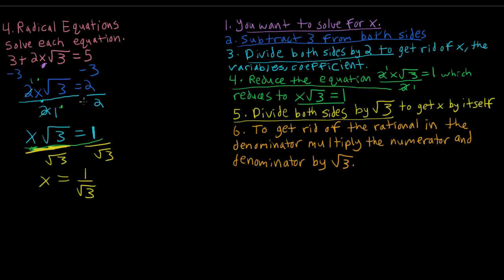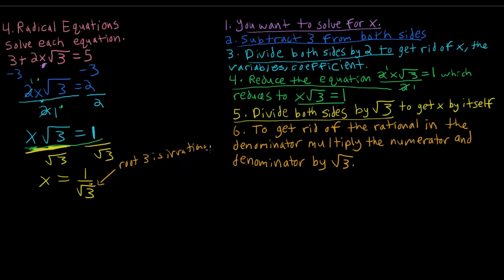Now, right here, we kind of have an issue. In 1 over root 3, we have a radical in the denominator, and root 3 is irrational.